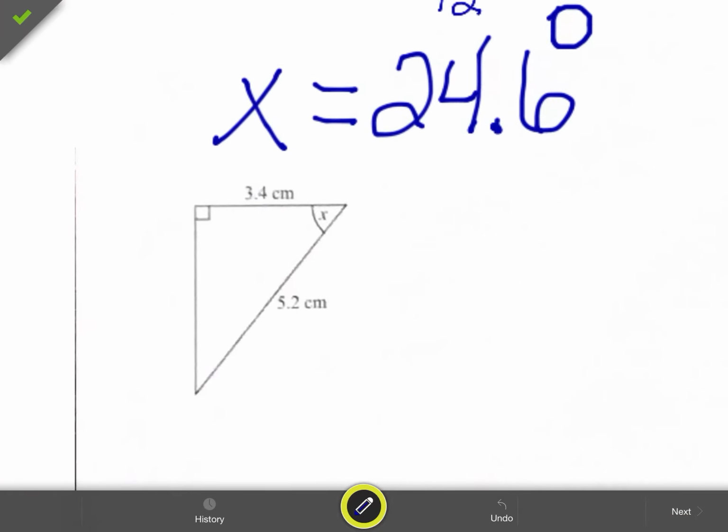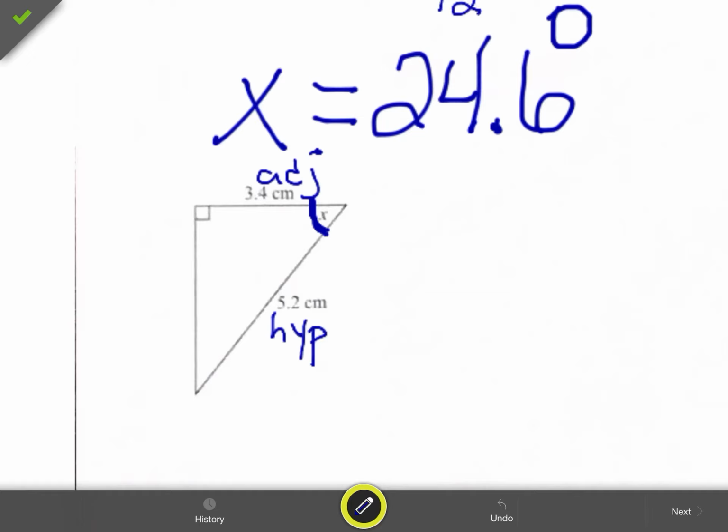Let's try another one. Mark your reference angle. There we go. Let's label our two sides. 5.2 is my hypotenuse. 3.4, is it adjacent to my angle or opposite my angle? It is adjacent.